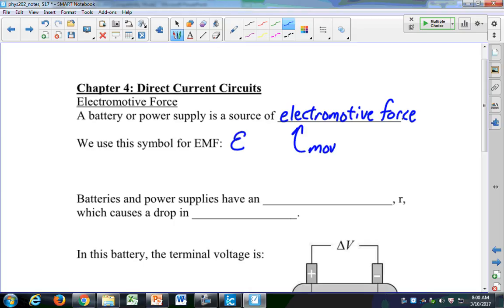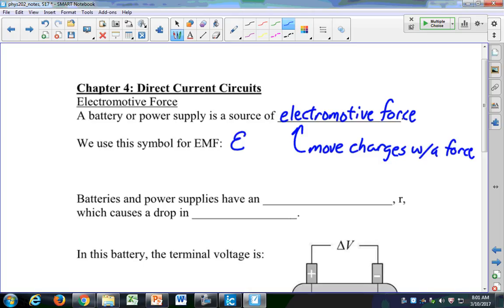We move charges. The batteries provide some way to move charges with a force. So that's why we call it an electromotive force, that our battery provides this difference in potential, like a charge rolling down a hill, that provides a difference in potential for those charges to gain energy. They give energy to our electrons and cause them to move.